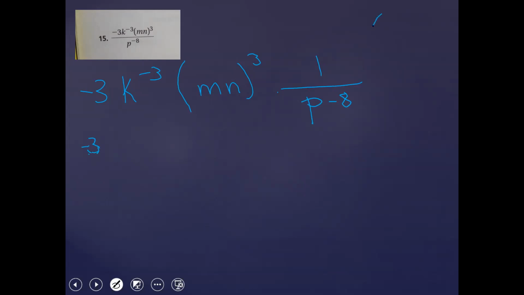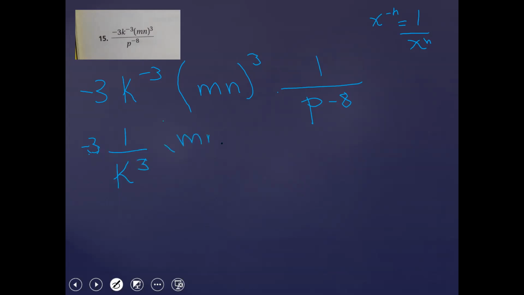Let's remember, when I say x to the power negative 1, what do I have to do? The first step: what is the reciprocal of x? It's 1 over x. And what is the opposite of negative 1? It is 1. This is the same here. What is the reciprocal of k? It is 1 over k. And what is the opposite of negative 3? It is 3.